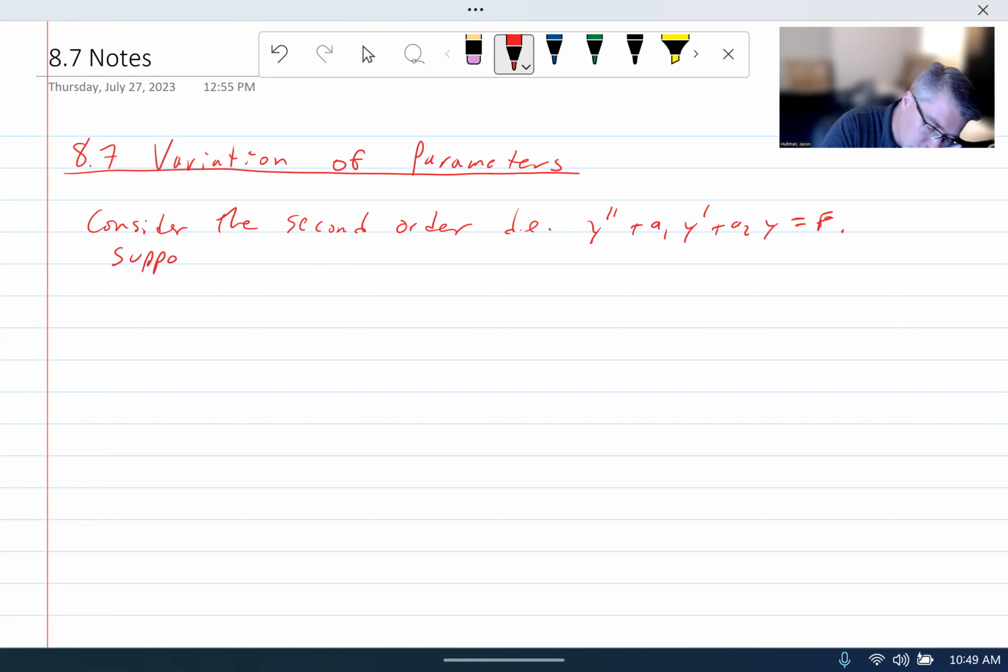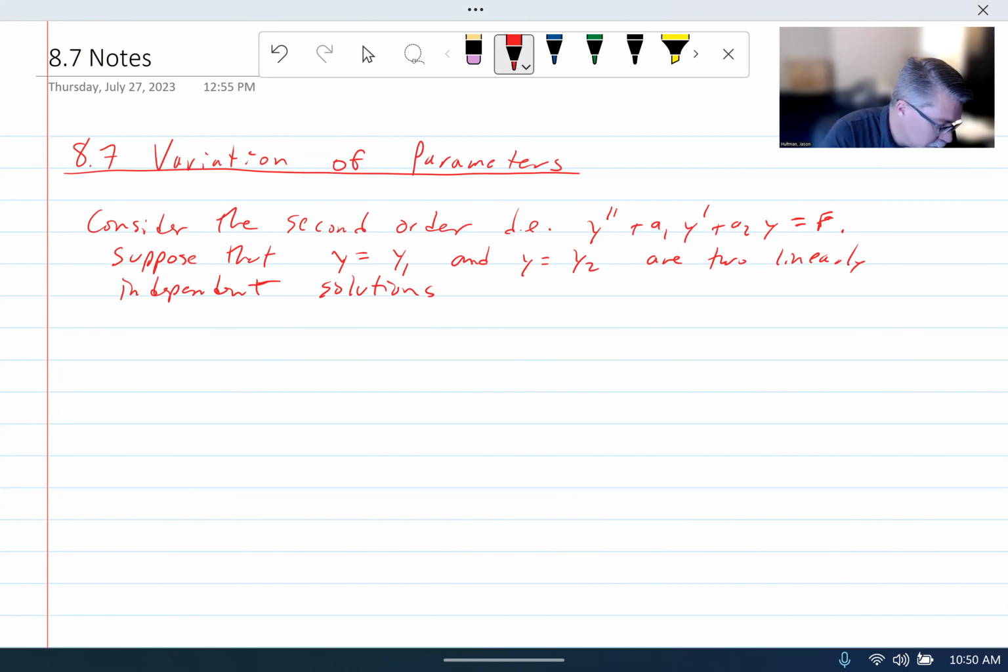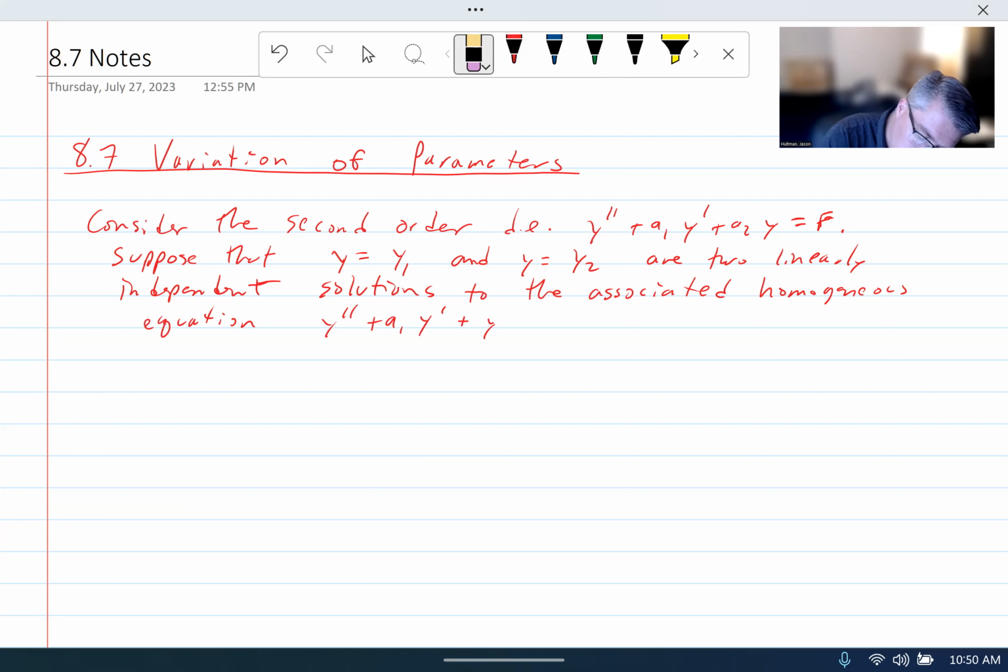Suppose that y equals y1 and y equals y2 are two linearly independent solutions to the associated homogeneous equation y double prime plus A1 y prime plus A2 y is equal to 0.